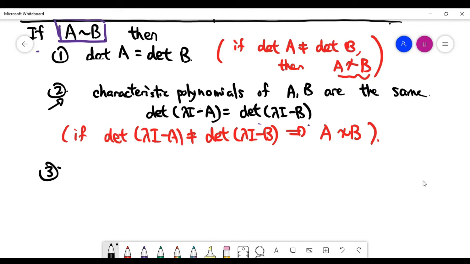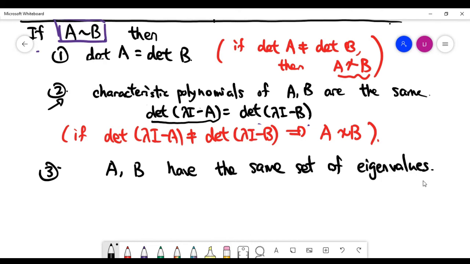Because the eigenvalues are basically the roots by setting this polynomial to be 0. And it basically means because both matrices have the same polynomial in lambda, both matrices have the same eigenvalues. But I think that is more obvious when you understand the property 2 already.